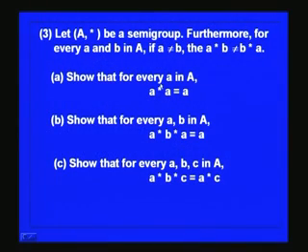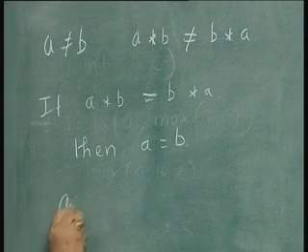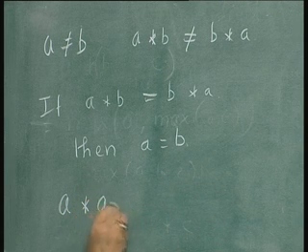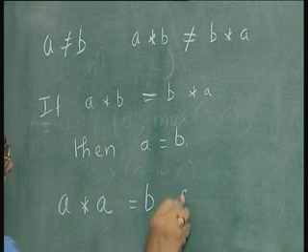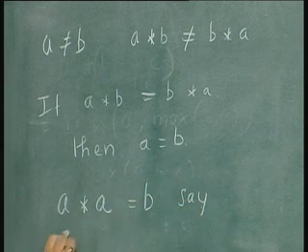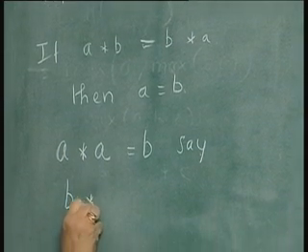Show that for every A in A, A star A is equal to A. So, A star A is equal to B, say. Then what can you say about B star A?